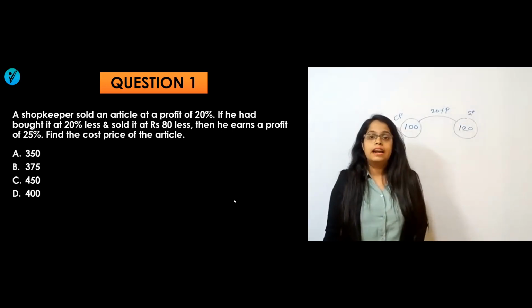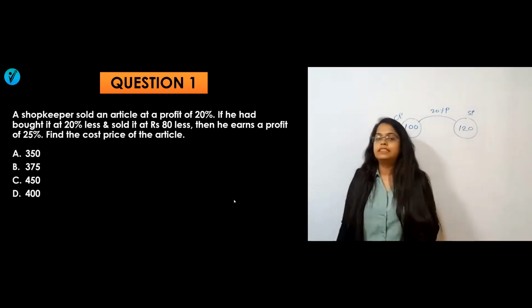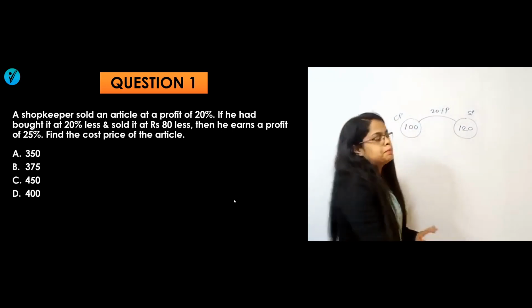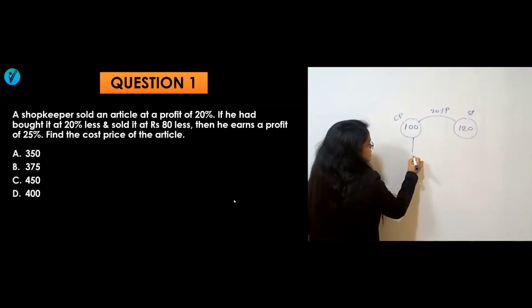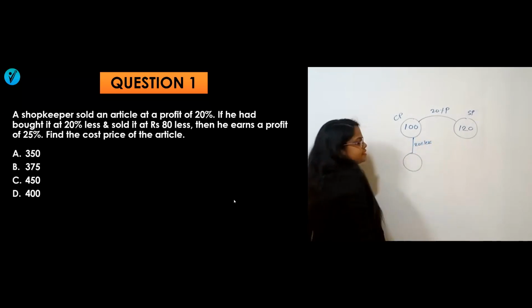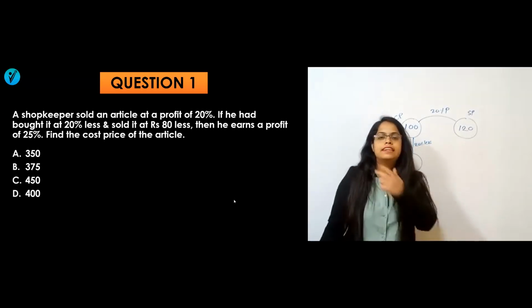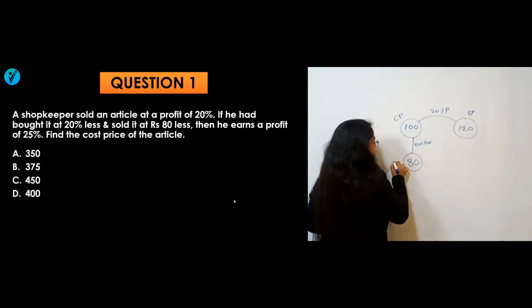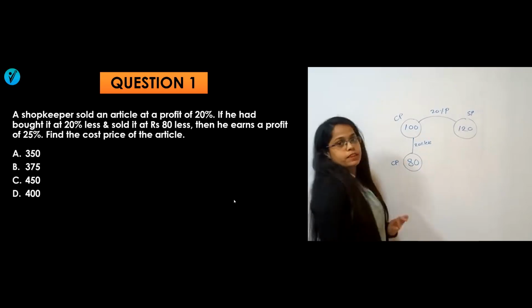Now they are saying that if he had bought it at 20% less, which means his CP is 20% less. 20% of 100 is 20 rupees less, which means its CP was 80 rupees.